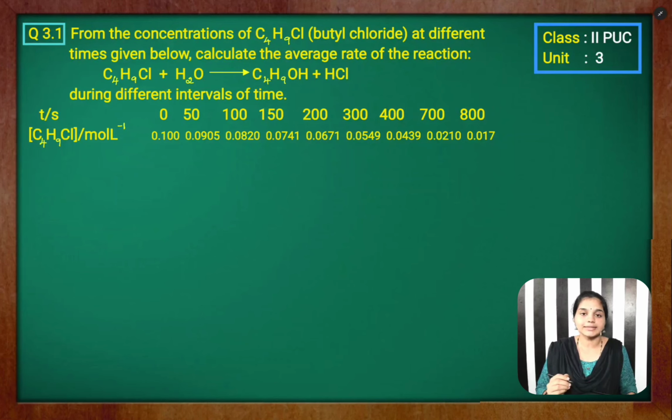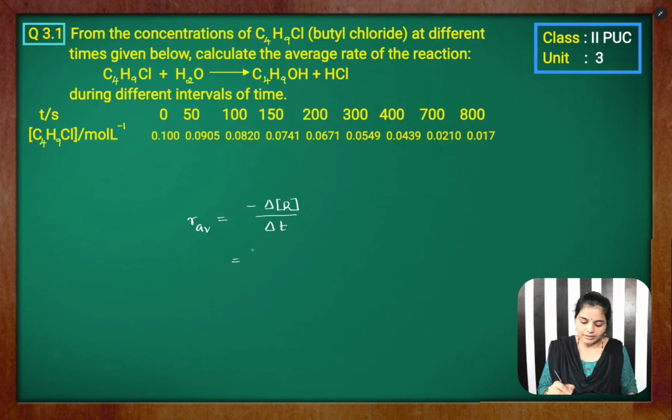We have to calculate the average rate of the reaction and we have the formula: R average is equal to minus change in concentration of the reactant divided by change in time.